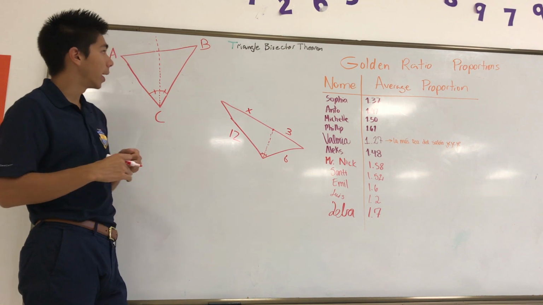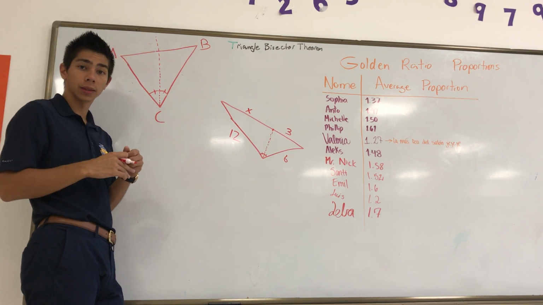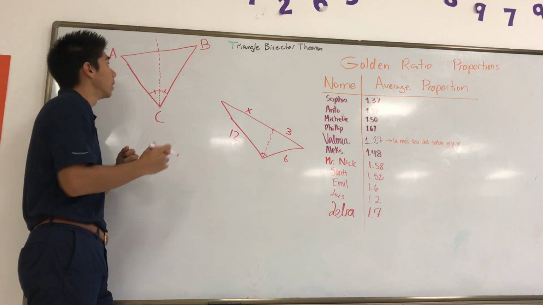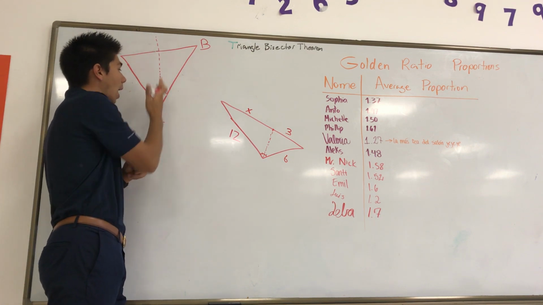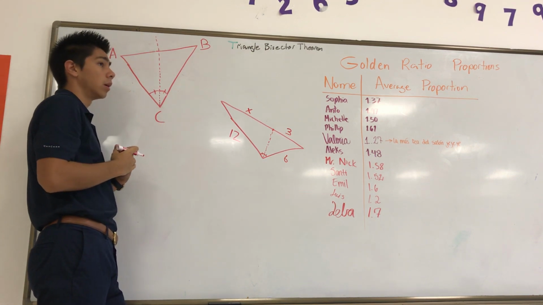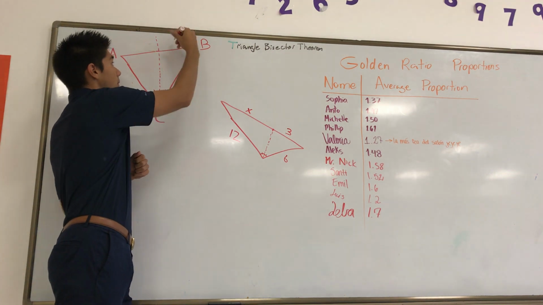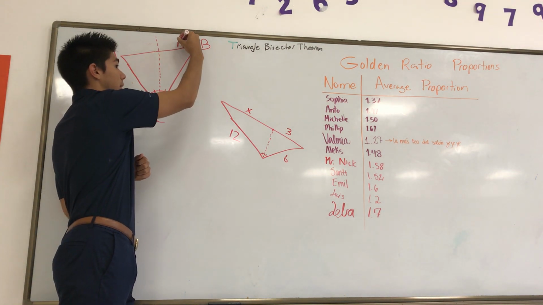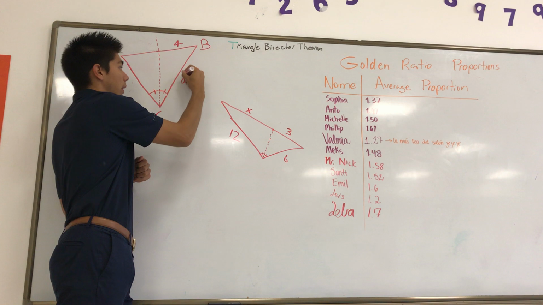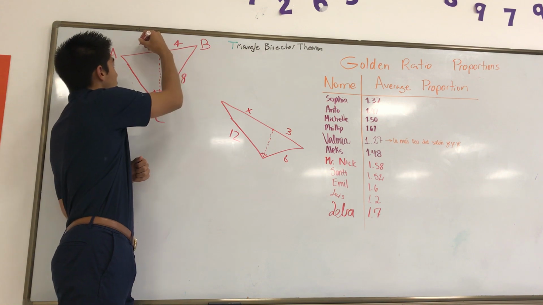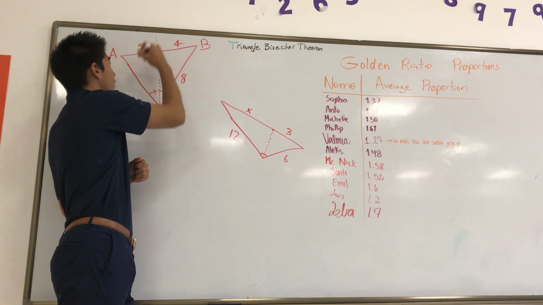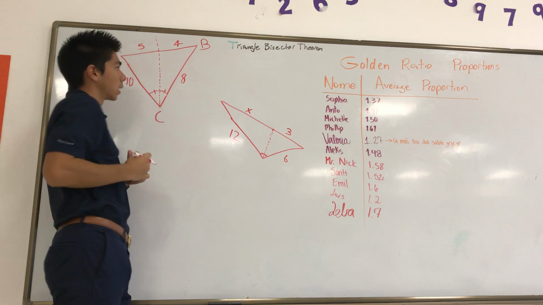So what this triangle bisector theorem tells us is that I have my bisector here. So when I split this, let's say I'm going to label my sides now. 4, 8, and we'll say 5, 10. Okay.